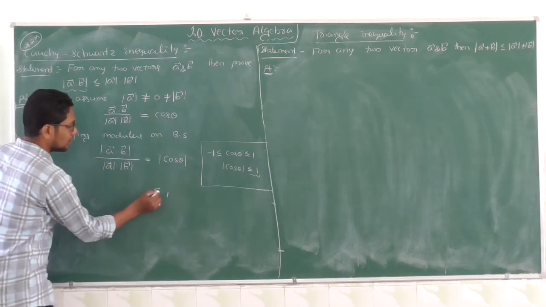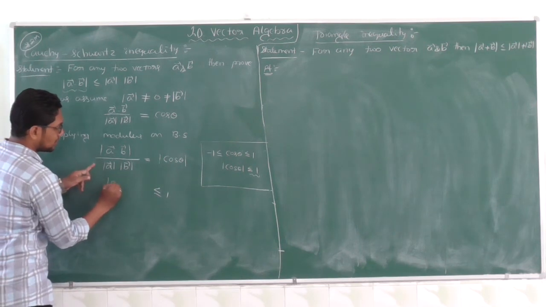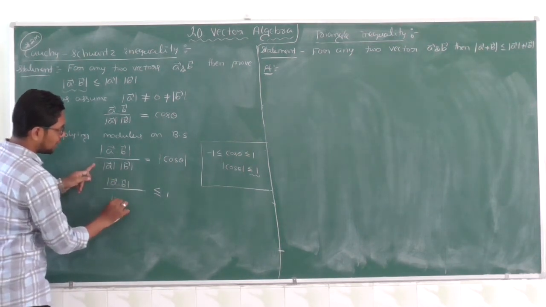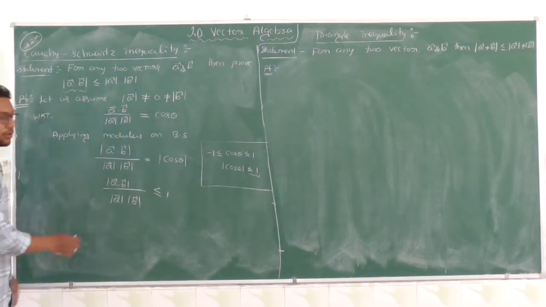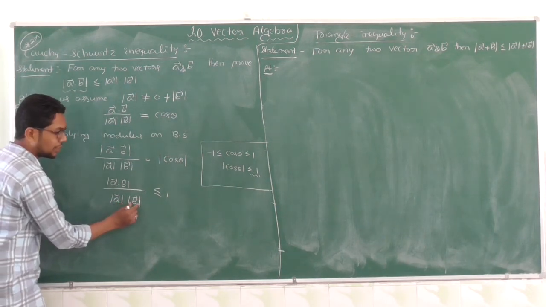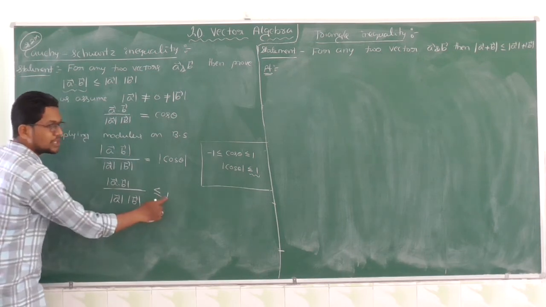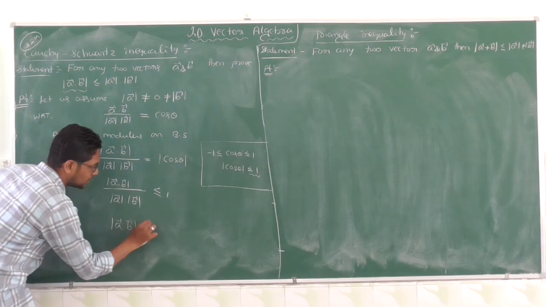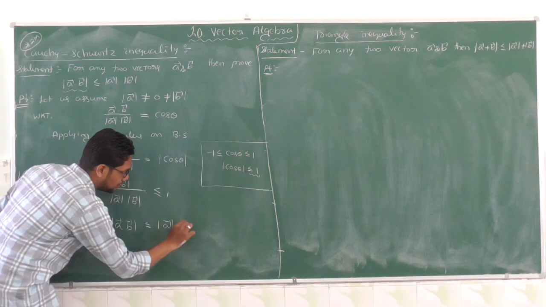Next, the left hand side we keep as it is: modulus of A dot B divided by magnitude A times magnitude B. Now send the magnitude in the denominator, magnitude of A times magnitude B, to the right side. That will multiply 1. Therefore, modulus of A dot B is less than or equal to magnitude A times magnitude B.